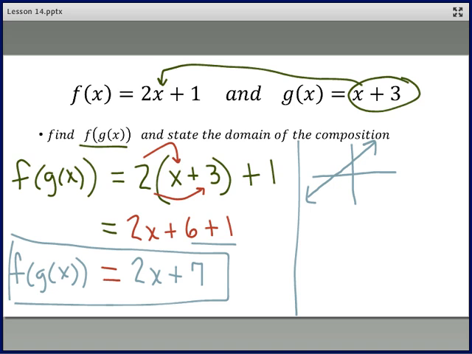So since it's linear, that means you can use any value for x. So the domain, in this case, would be all real numbers. So there's your composition, and there's your domain.